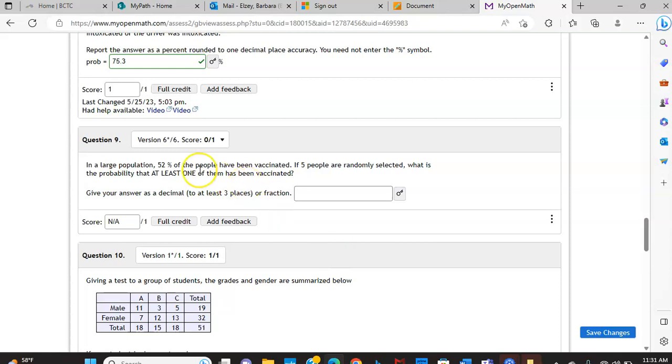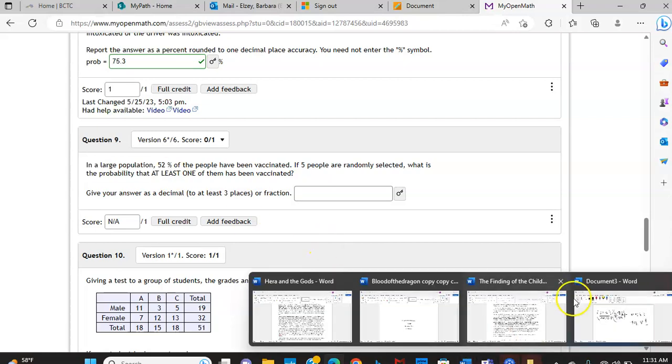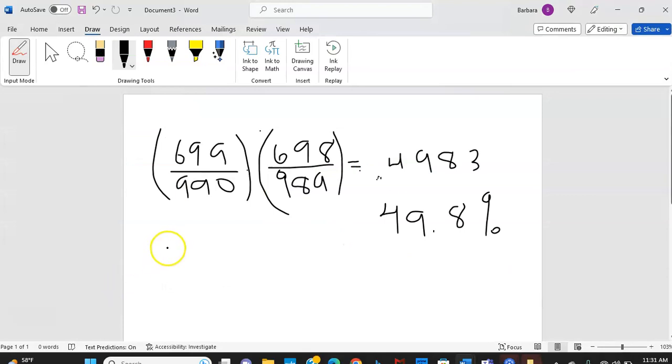All right, so 52% of them have been vaccinated. So that means that there's a 48% chance that a person has not been vaccinated. And we've got 5 people. So let's go ahead then and we'll say, all right, there's a 48% chance that the first person is not vaccinated.